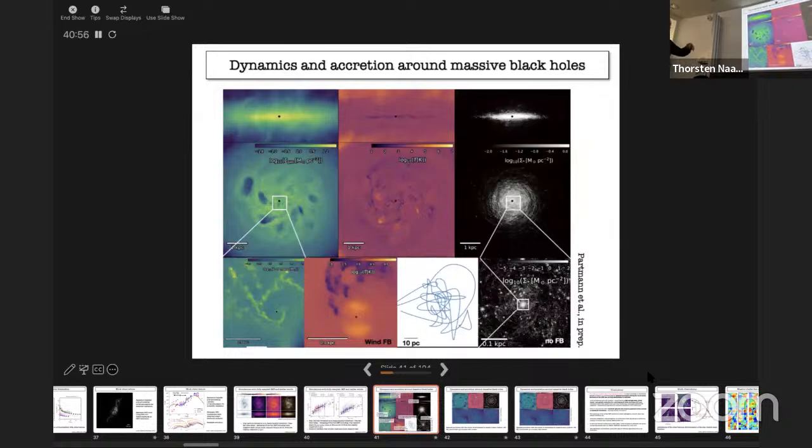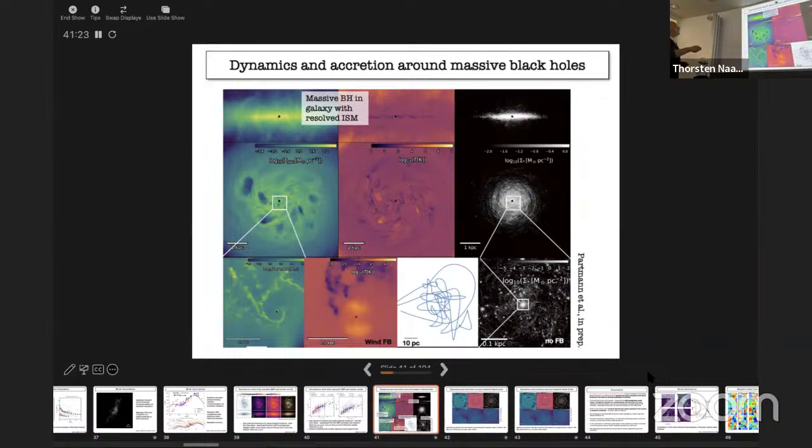Another sneak preview. Christian Pautmann is working on this at the moment, a PhD student at MPA. He is using this kind of simulations, and he puts in a massive black hole in the center, of 5 solar masses.